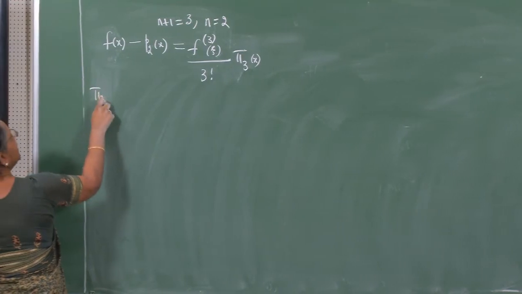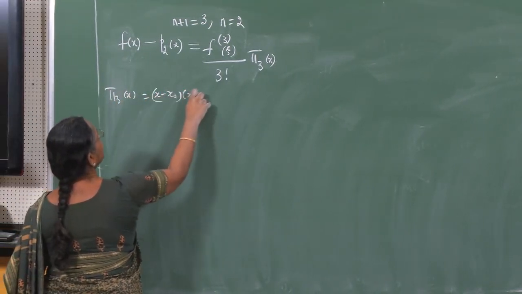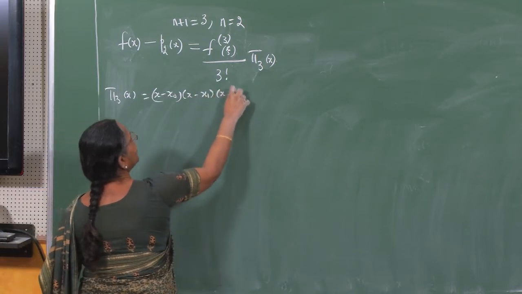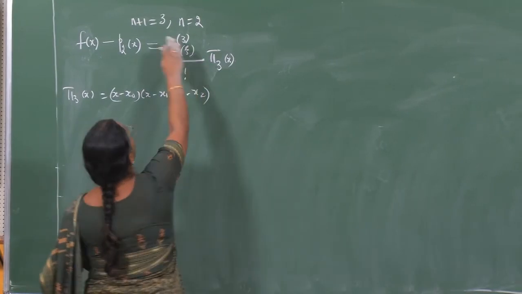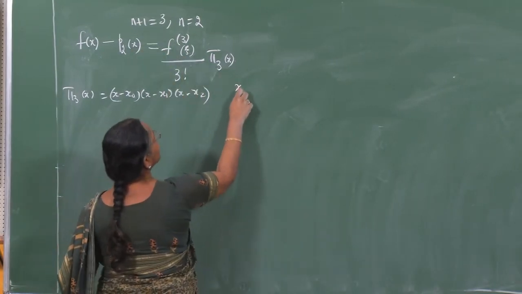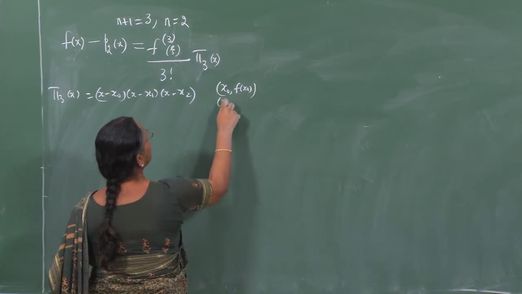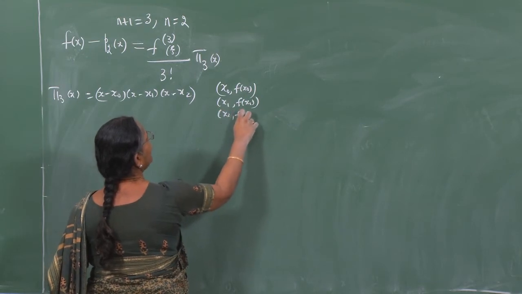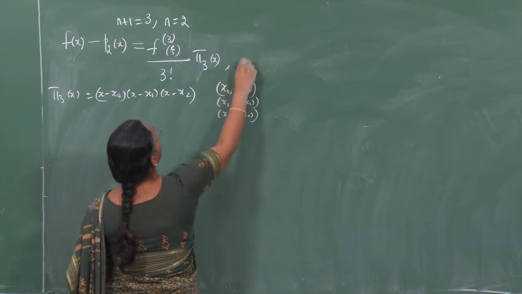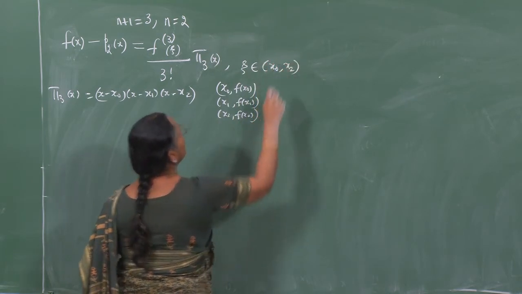What is pi 3 of x? It is x minus x naught into x minus x1 into x minus x2. Information is given at x naught, f of x naught, x1, f of x1, and x2, f of x2. So, this psi belongs to the interval x naught to x2.